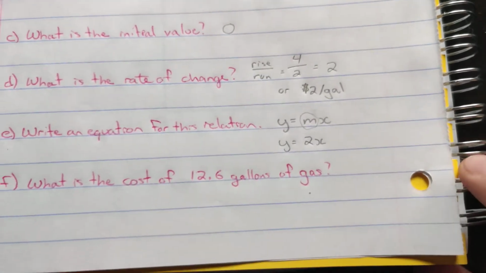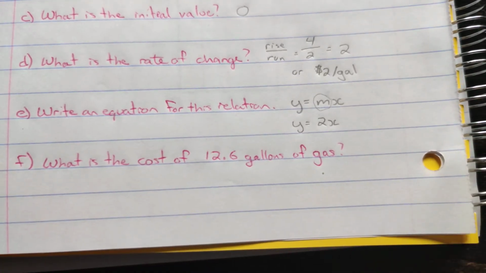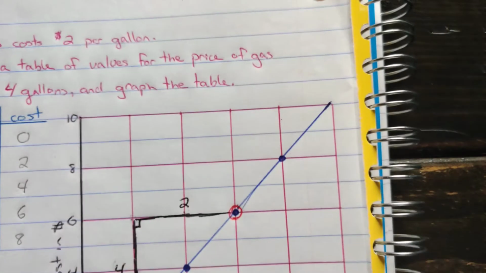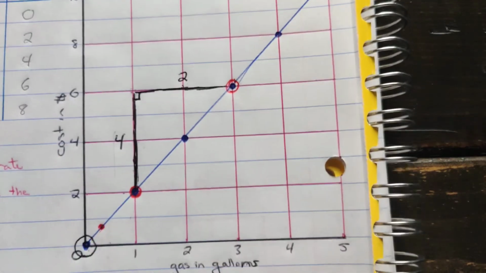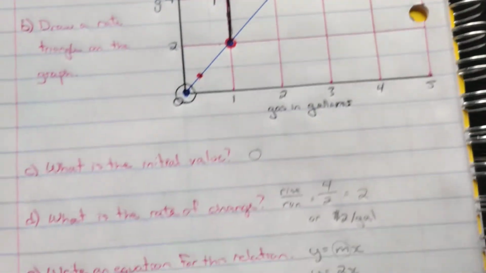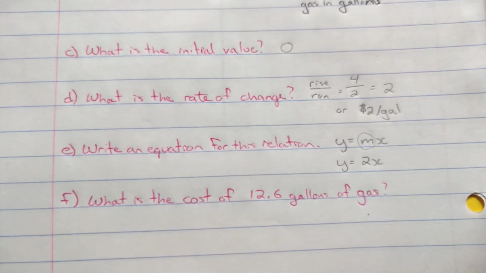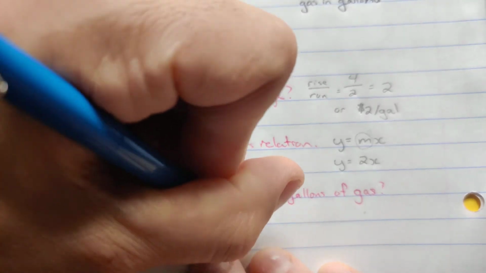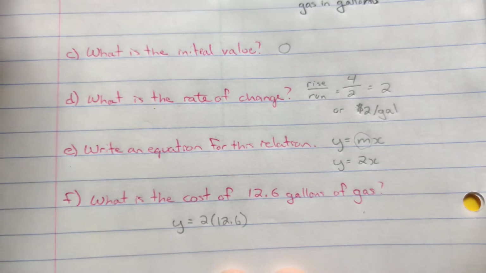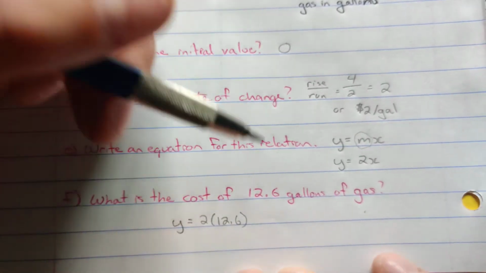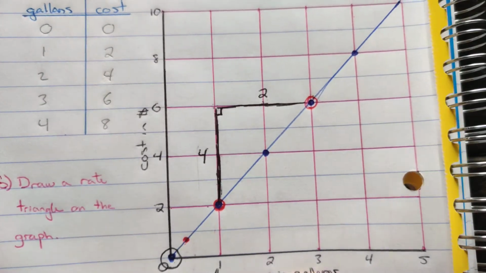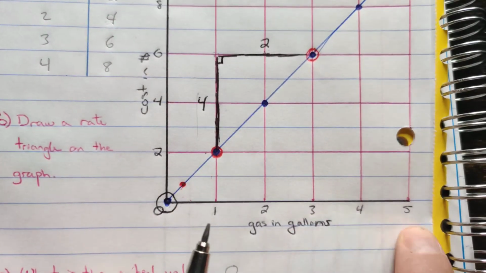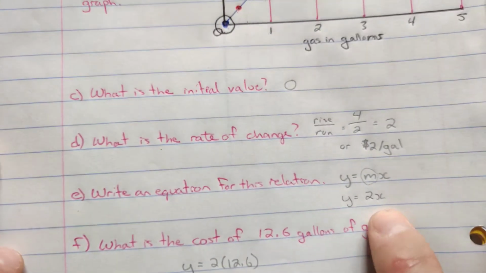What is the cost of 12.6 gallons of gas? Well, we can't figure it out from our table because we only go up to 5 on the table, but we've got a formula. So we can use that formula. y equals 2 times 12.6. The gas is along the x-axis, so that's why I filled it in for the x value.